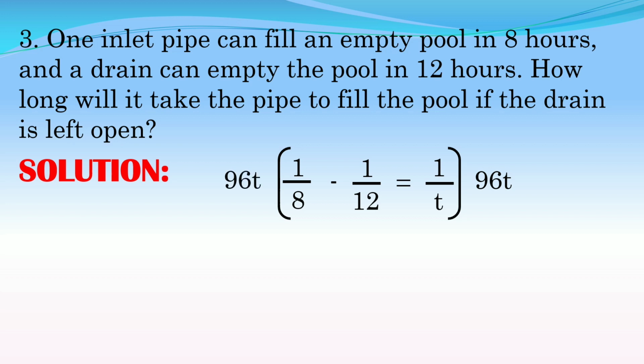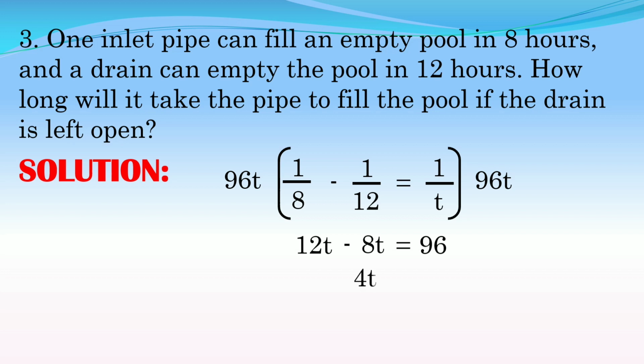And then, solve na natin. So, 96T times 1 over 8 is equals to 12T. 96T times 1 over 12 is equals to negative 8T, or minus 8T, equals, so 1 over T times 96T is equals to 96. And then, magma-minus tayo.